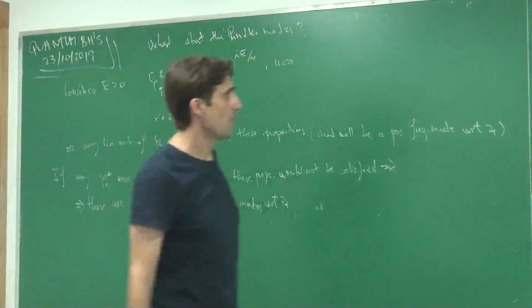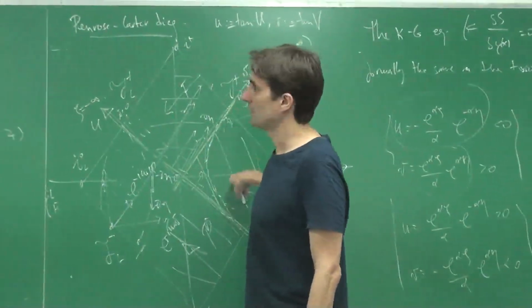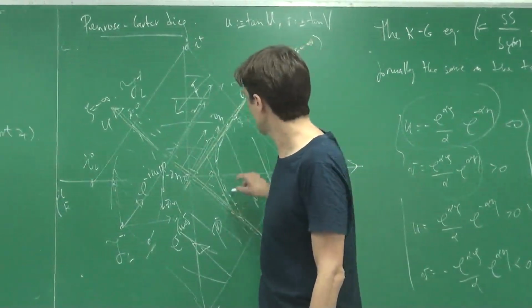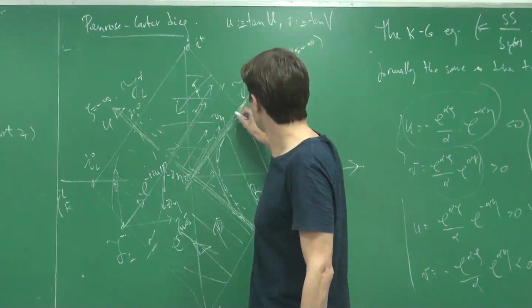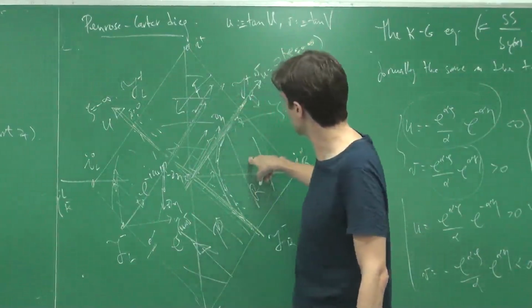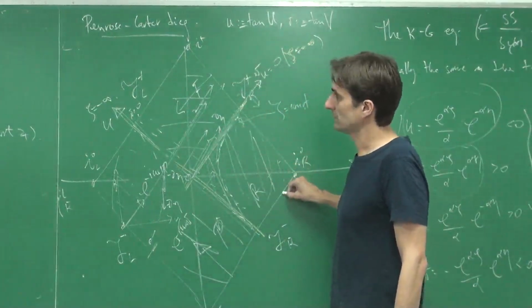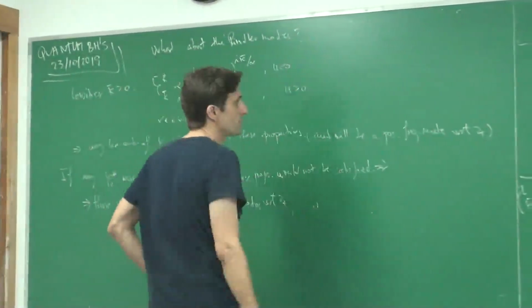For u positive, it means that we are in the right Rindler wedge. So now we are u positive in the right, anywhere here. And in the left, we have 0. That's for u positive.